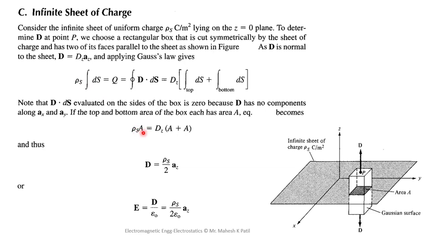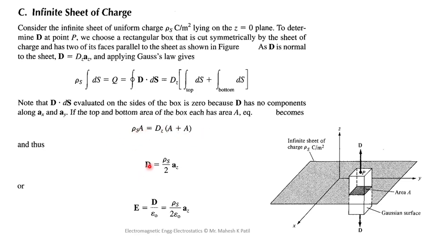So rho s into A is equal to Dz in bracket top side area A plus bottom side area A. So this is rho s into A equal to 2A into Dz. Now if you write only Dz from this equation, you can take this twice A to the left hand side.